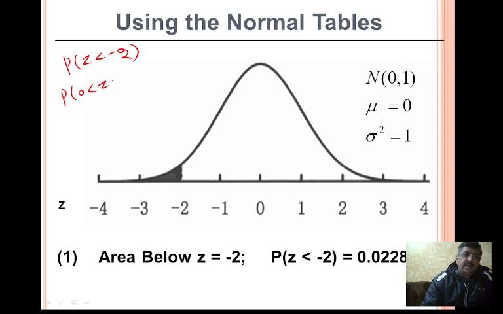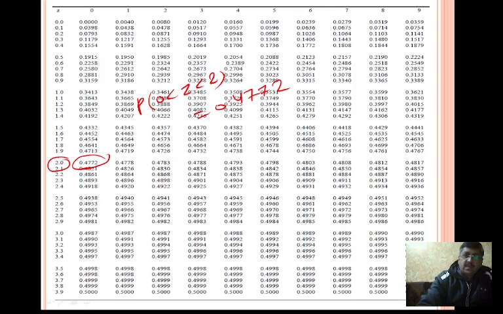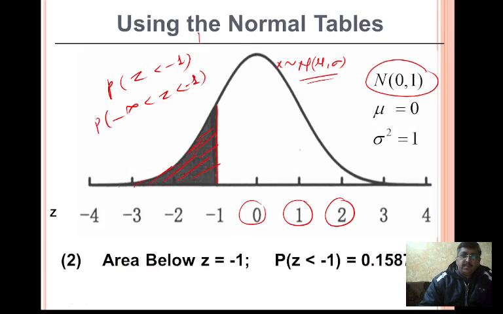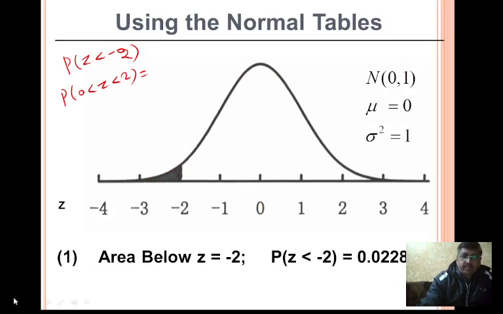We have the probability of 0 to z to 2, and this we have calculated from the table: 0.4772. This we have taken from the table.